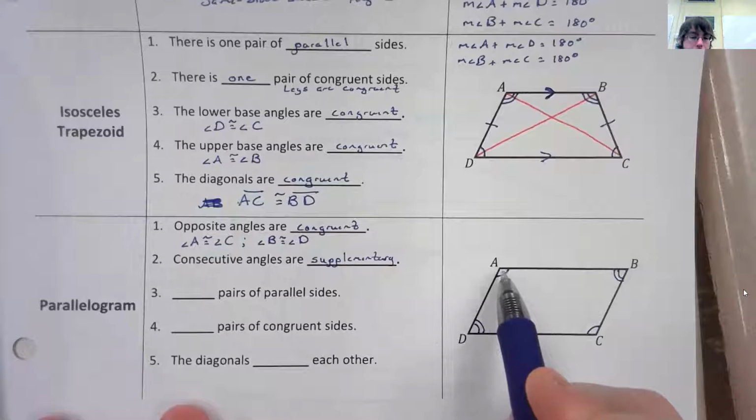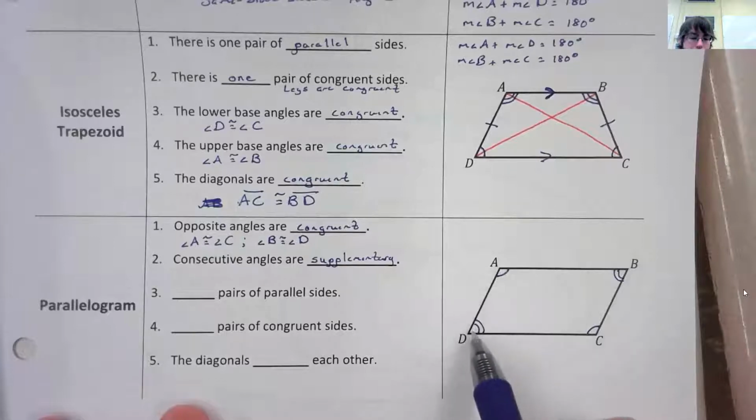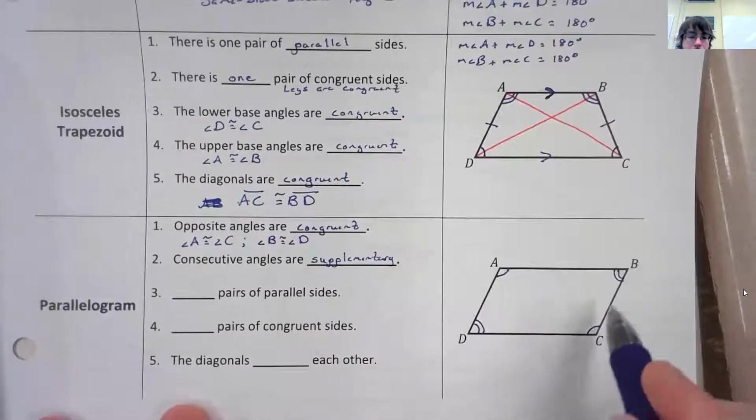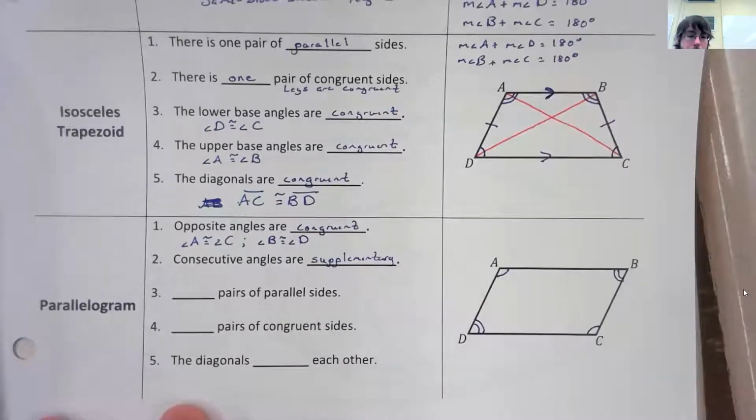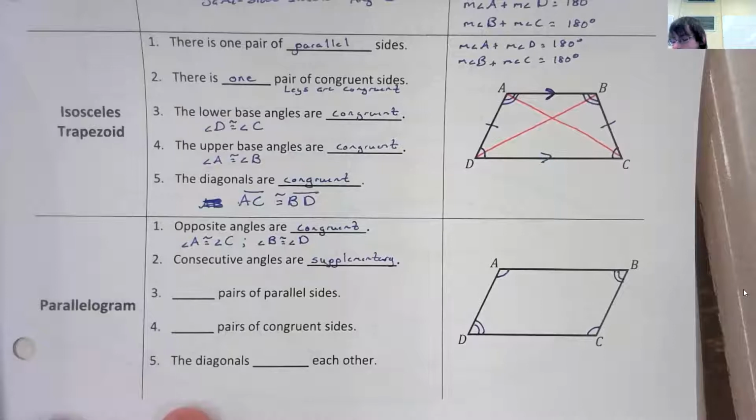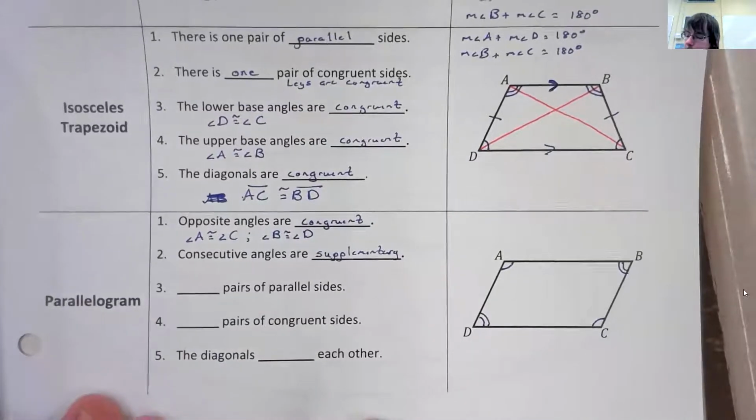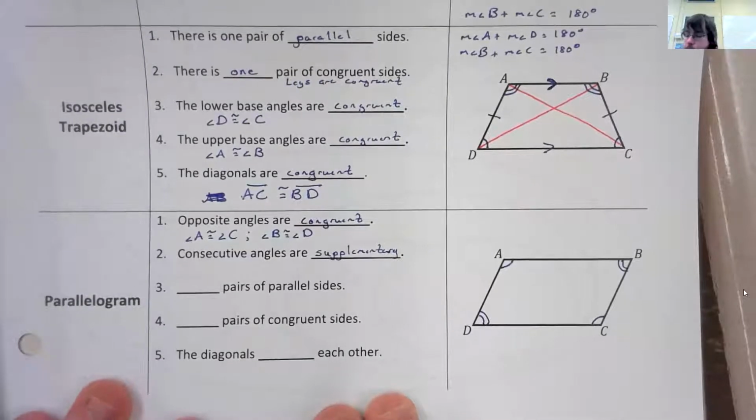So we would say that the measure of angle A plus the measure of angle D is 180. Now, you can also see that D and C are connected, so D and C would be supplementary, C and B would be supplementary, and A and B would be supplementary. Okay, we'll be working with this a lot. Today's mostly focused on getting those properties down and classifying them, and then we'll worry about finding the angles and sides in a bit.